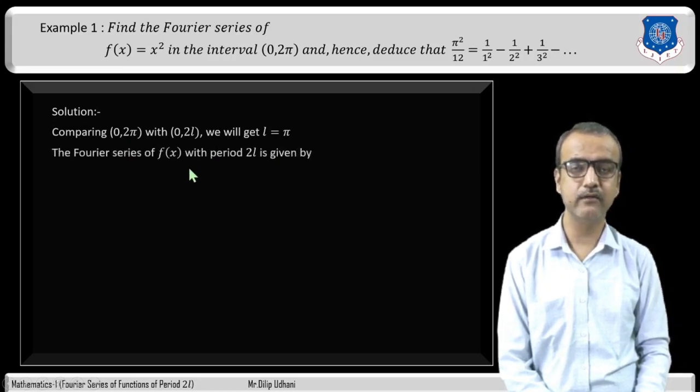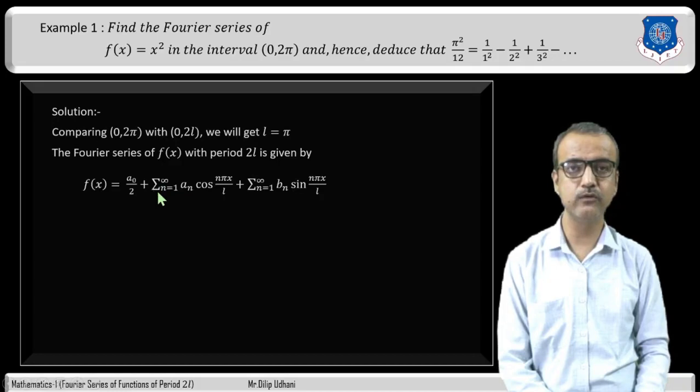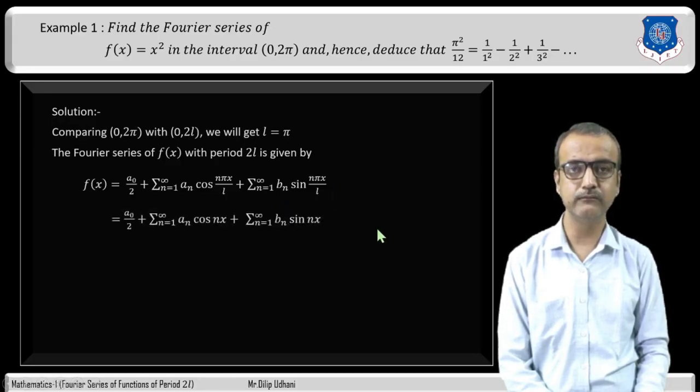The Fourier series of a function f(x) with period 2L is given by f(x) equals a0 by 2 plus sigma n is 1 to infinity a_n cos(n pi x by L) plus sigma n is 1 to infinity b_n sin(n pi x by L). First of all, we have to replace L by pi.